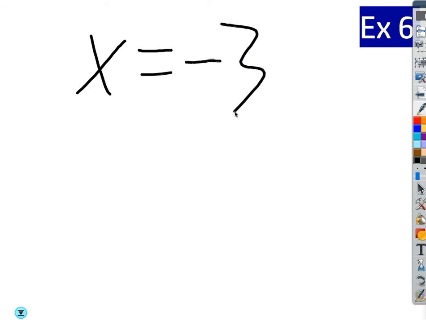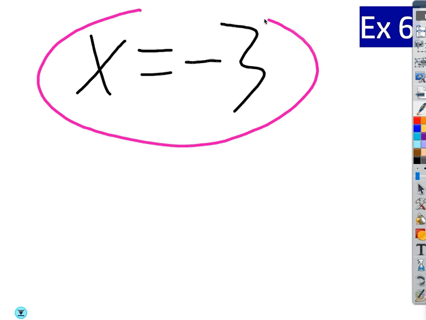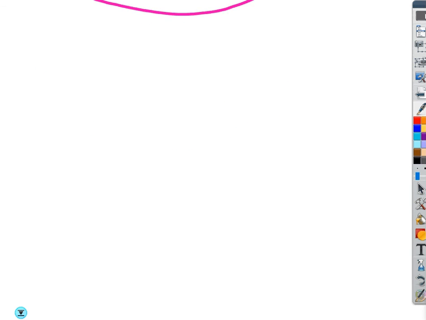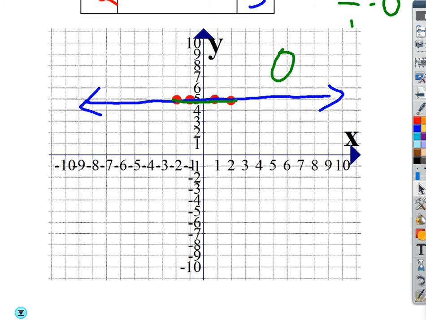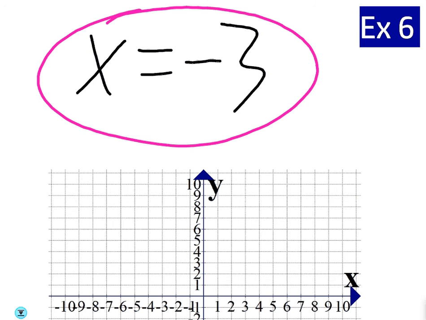I'm glad he mentioned the undefined. This is what an undefined equation would look like. Let's say we had x equals -3. So when you have x equals a number, that's going to tell you that it's a vertical line. The way we're going to graph that is simply to go to where x equals -3.